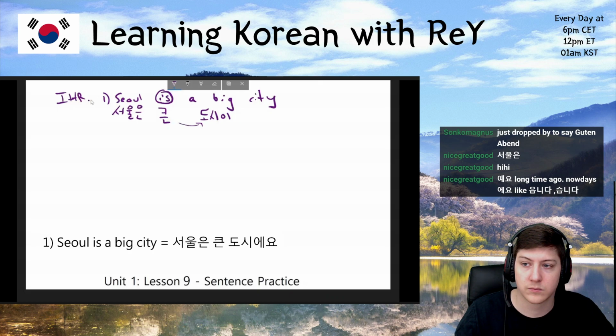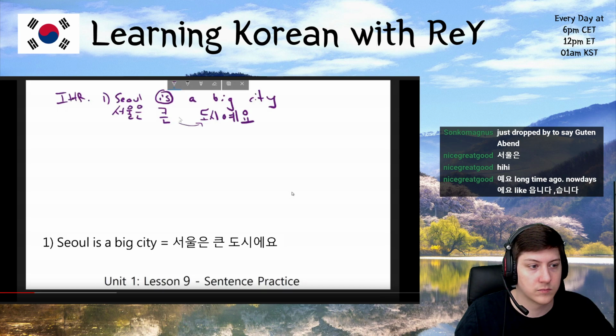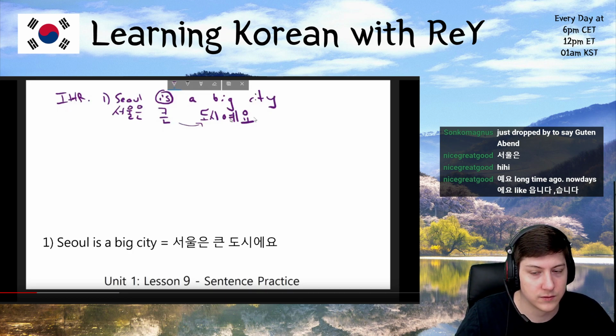When I want to do that, because doshi ends in a vowel, I want to add this ending. And this actually is ida. It's just a conjugation of ida in this formality. This sentence would read, 서울은 큰 도시예요. Okay, so he's using 예요, not 에요.